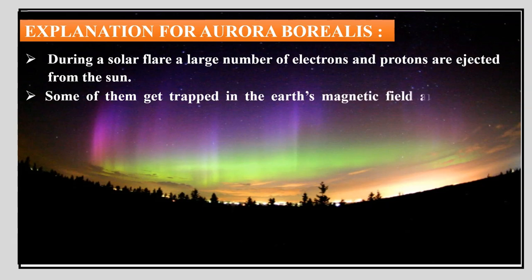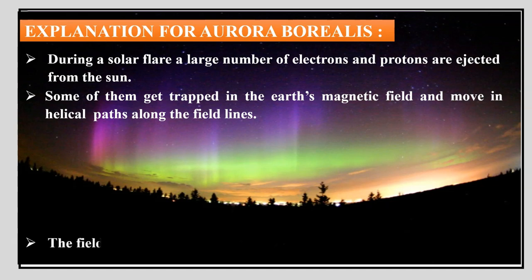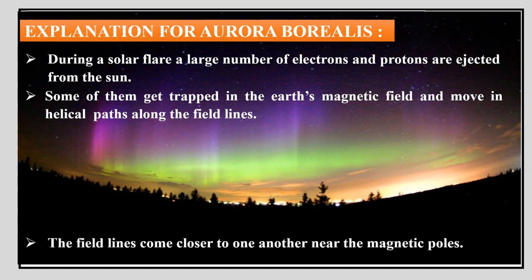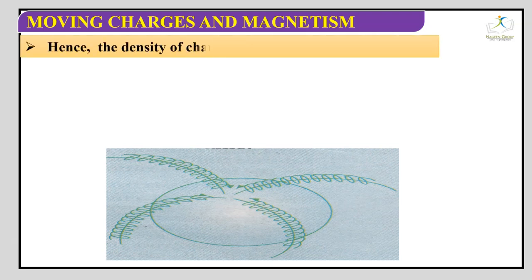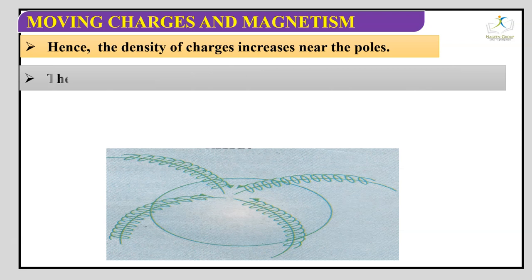Some of them are trapped in the Earth's magnetic field and move in a helical path along the field lines. The field lines come closer to one another near the magnetic poles. Because of that, the density of the charge increases near the poles.